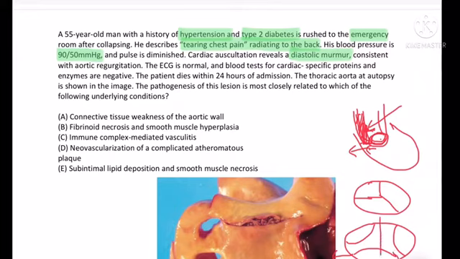Once it can't completely close, the blood which was ejected out during systole comes back at the initial or early part of diastole. So we can hear a diastolic murmur.